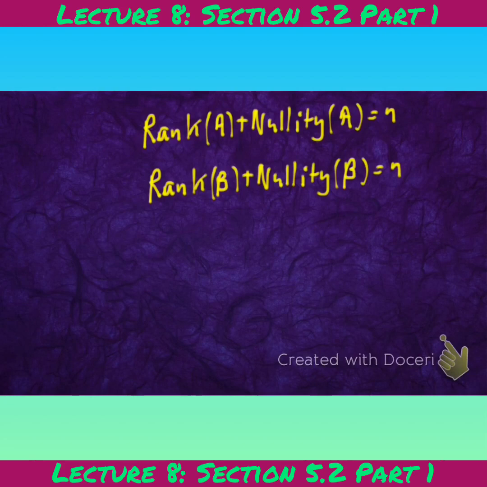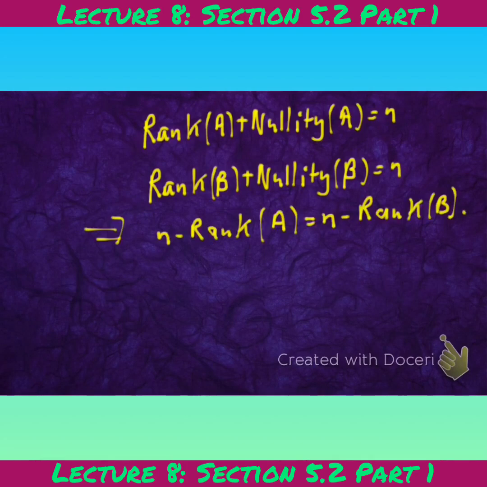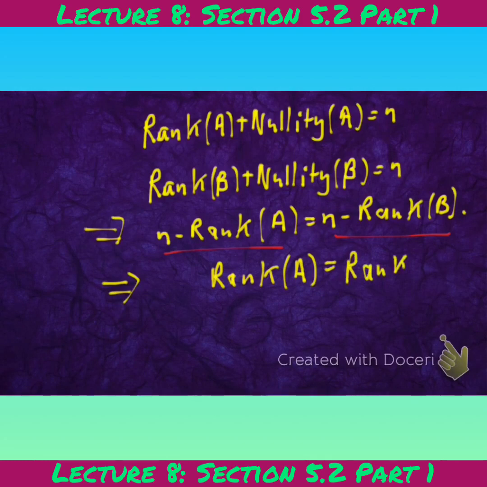Recall that the rank of A plus the nullity of A is N, and the rank of B plus the nullity of B is also equal to N. From that it follows that N minus the rank of A is equal to N minus the rank of B. And remember, we said that the nullity of A is equal to the nullity of B, so we can equate those two expressions, and therefore the rank of A is equal to the rank of B. So this similarity transformation doesn't affect the rank and the nullity of a matrix.